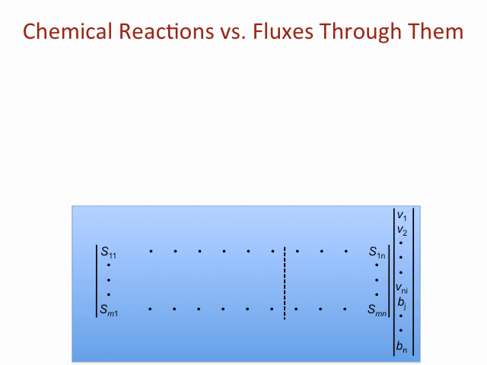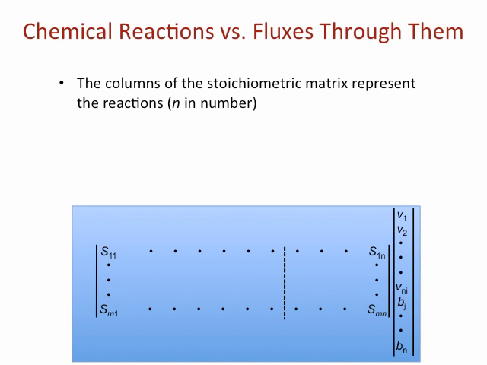Often, the difference between a reaction and a flux through a reaction is confusing. So let me try to avoid any such misunderstanding from developing in your mind. At the bottom of this slide, we show a stoichiometric matrix times a flux vector. Let me make three comments on this equation. First, the columns of the stoichiometric matrix represent the reactions, and we use the index n to designate the number of them in a given network that we're looking at.